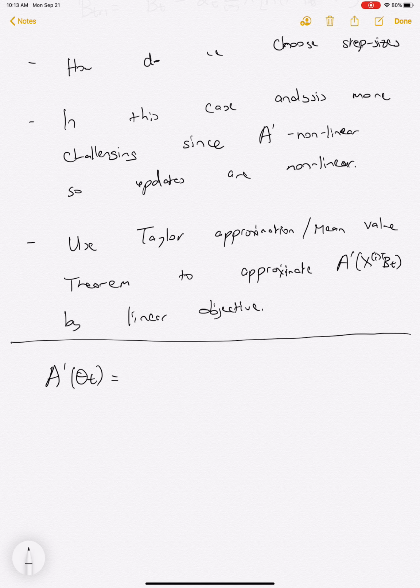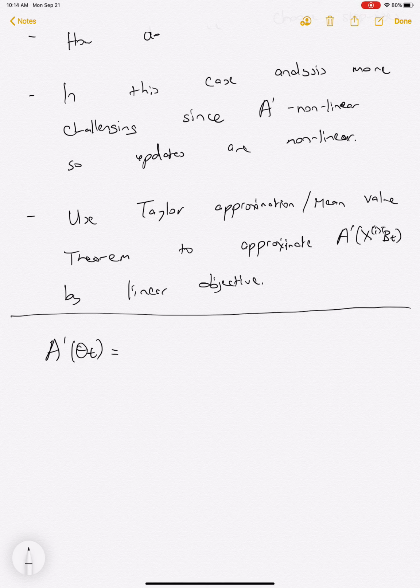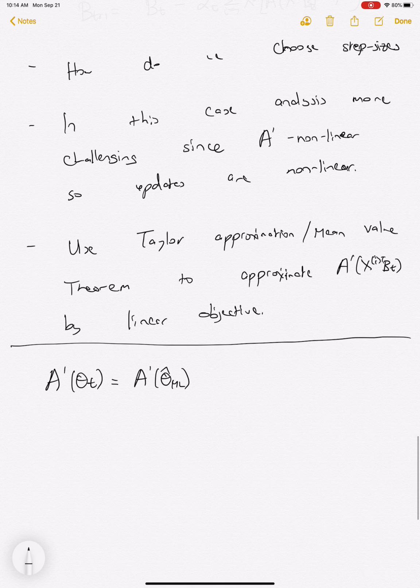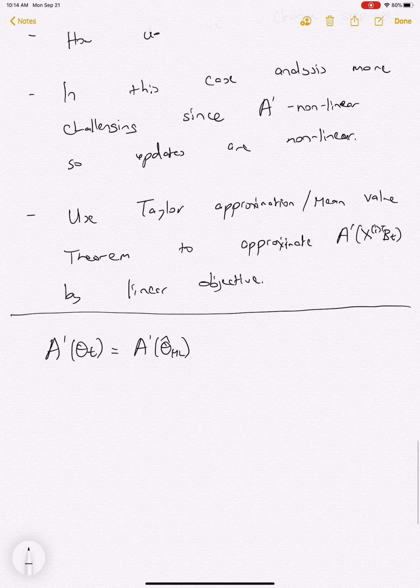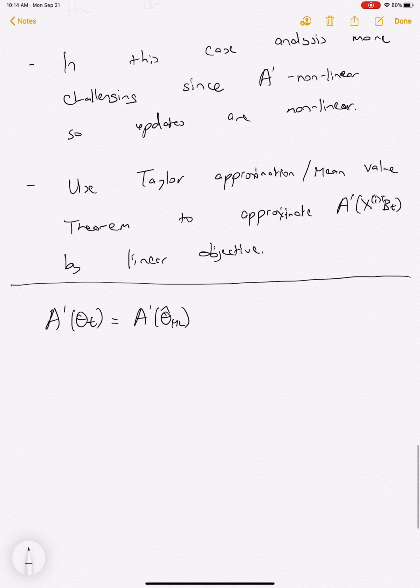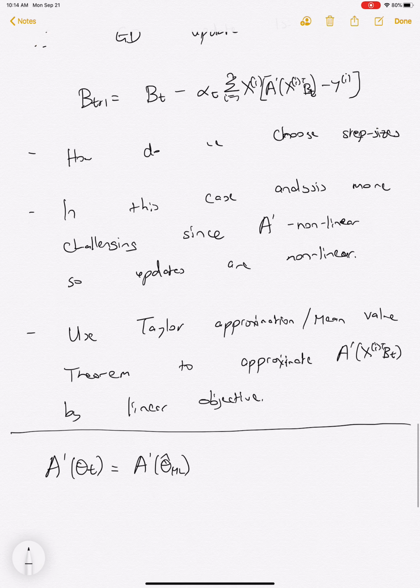And so it turns out that the best point to choose to do this analysis is if we let that be theta hat ml. I'll explain that notation shortly.